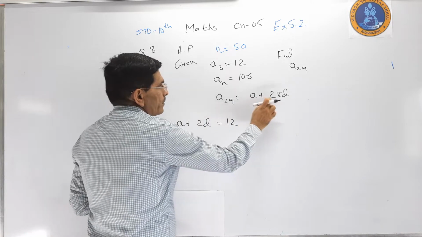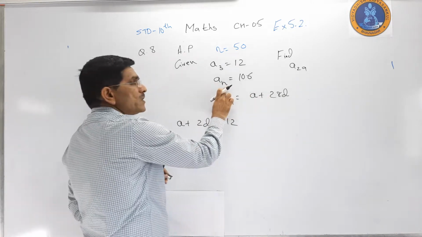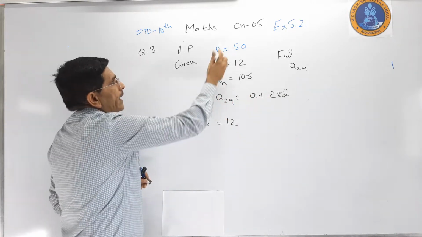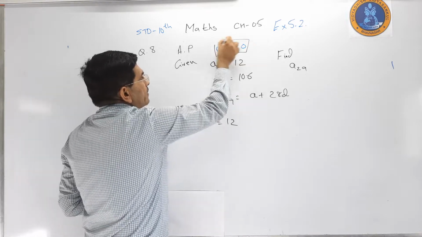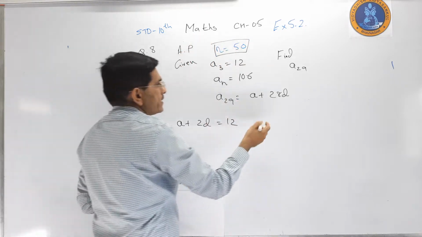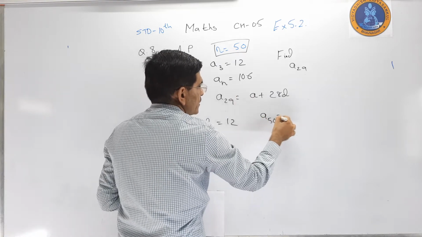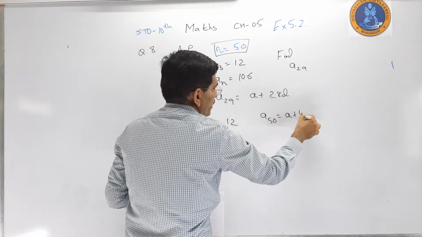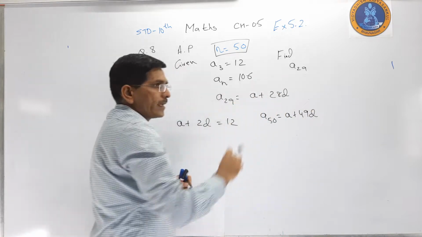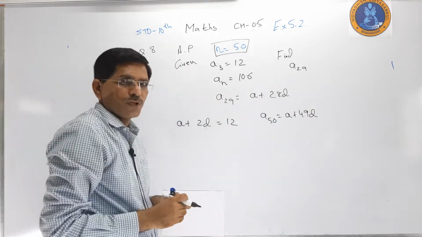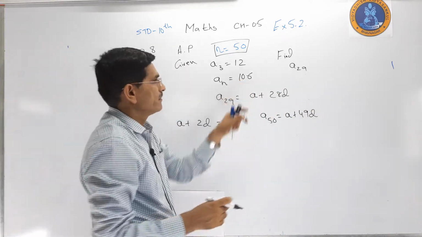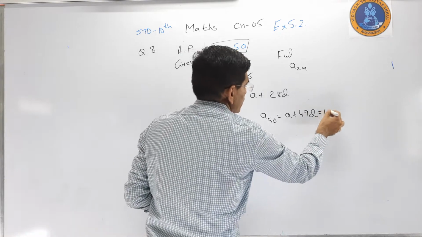A29 I have to find, that is A plus 28D. AN, n is equal to 50 is given, so A50 is equal to A plus 49D, and it is given as 106.